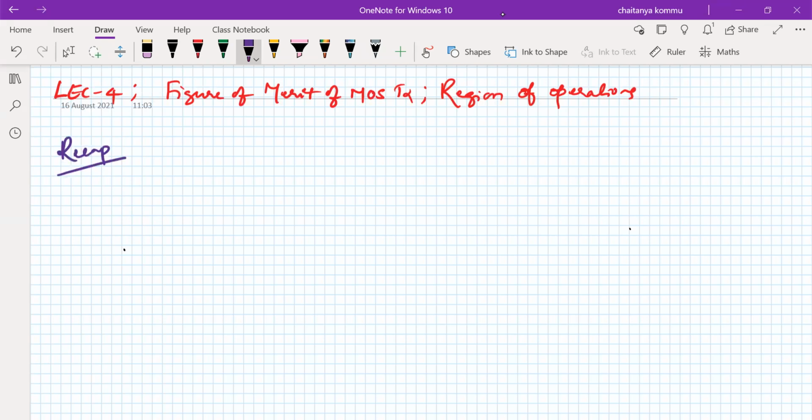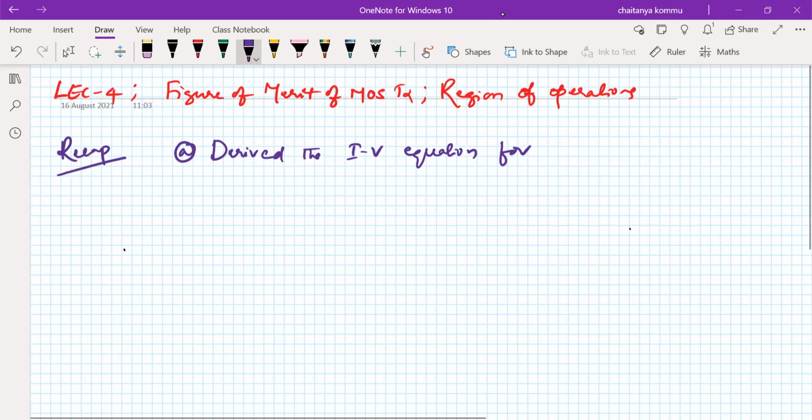In the last and the previous classes, we have derived the IV current equation for the NMOS transistor. So we identified that IDS value is 0 in cutoff.